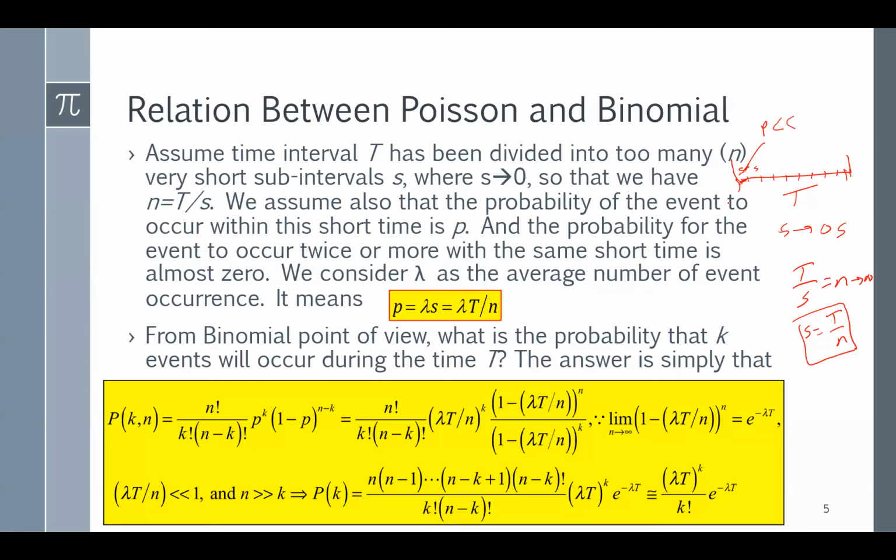So the probability to have two failures in one time slot is almost 0, and there is only one possibility to have a failure in this very small S.